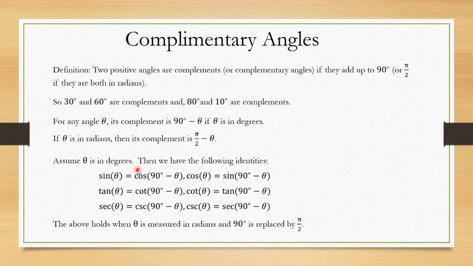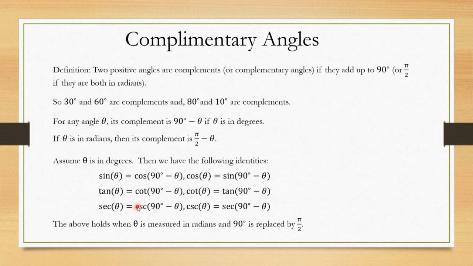In fact, the prefix co is not just there for decoration. It's there to remind you of this property: sine, cosine, tan, cotangent, secant, cosecant.